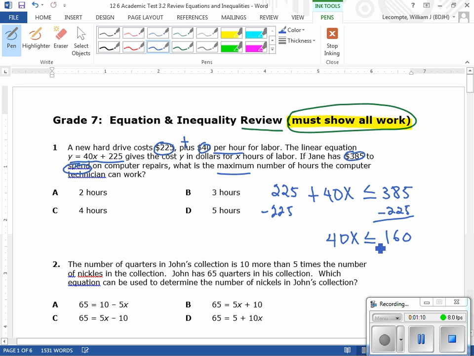This is less than or equal to 160. Next step is to divide both sides by 40, which gives me x is less than or equal to 4. So yes, x can equal 3, x can equal 2, but the most that they can work is 4 hours.